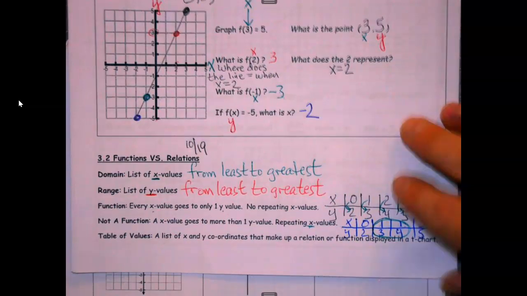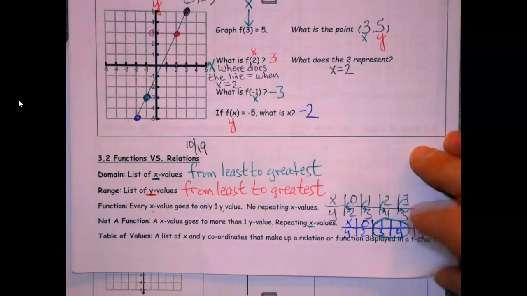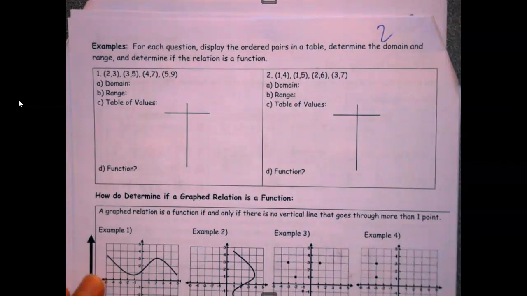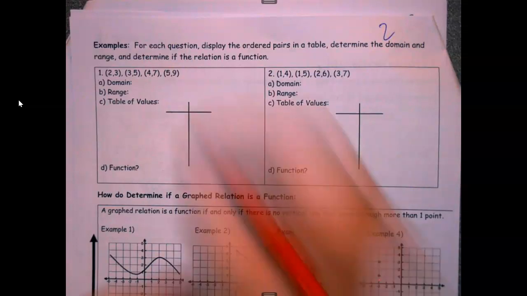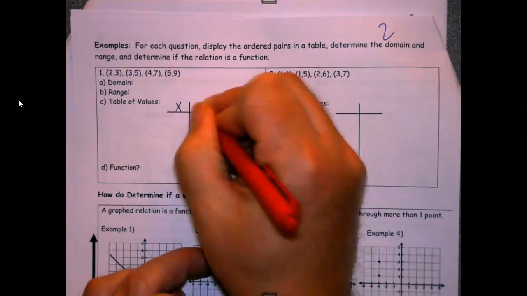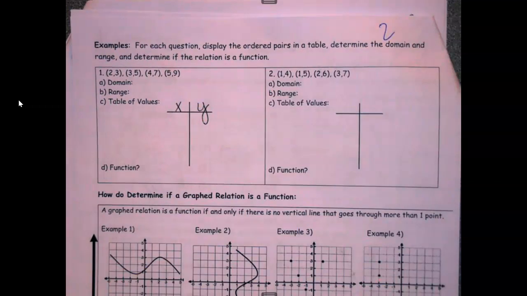Now, let's actually put this to use. We might have to flip back and forth a little bit. So as we flip over to page 2, we're going to do a couple of examples of how I can figure this out. So my first job is we're going to make ourselves a table here, an XY table.